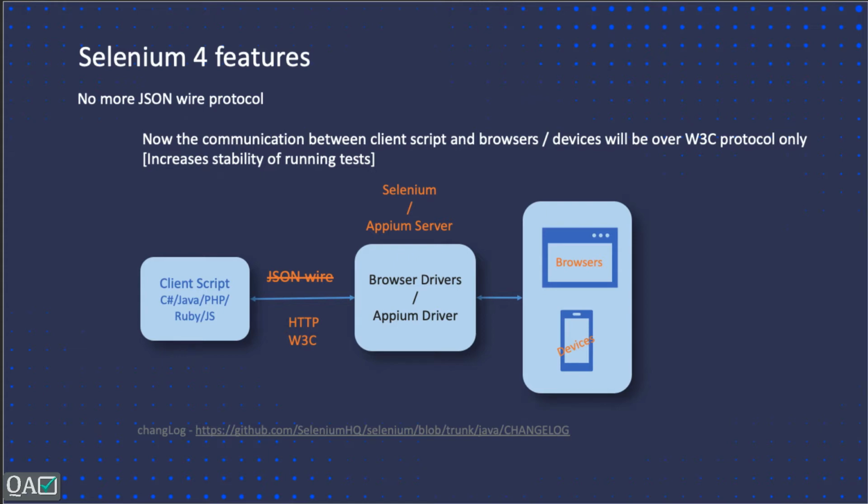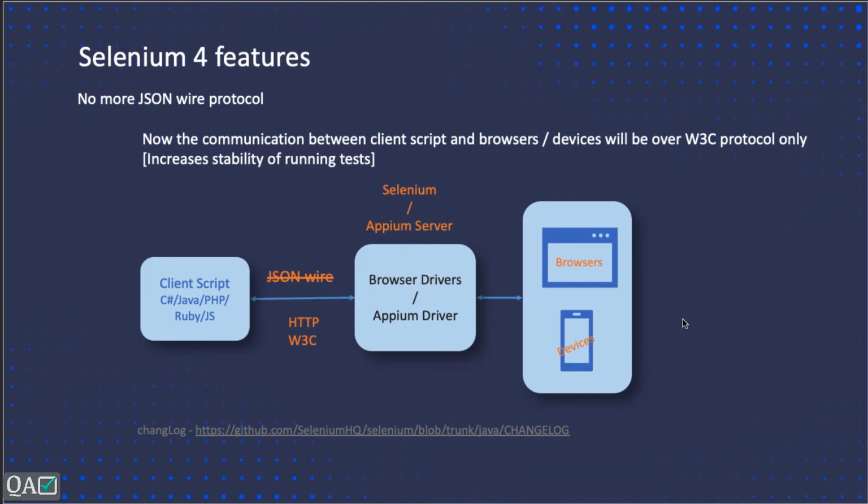The first thing they say is that the biggest improvement will be increased stability, because when the JSON wire protocol was there along with W3C, Selenium had to encode or decode the request. The request is basically coming from the client script or client library, be it any language that you are using, C Sharp, Java, PHP, JavaScript, or anything.